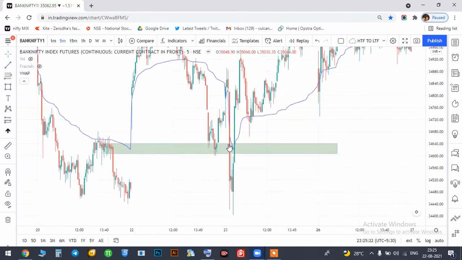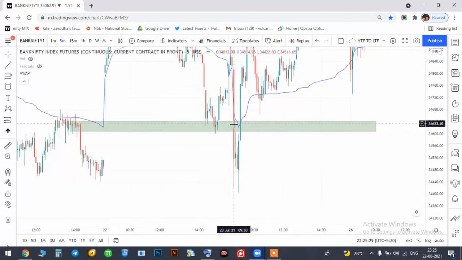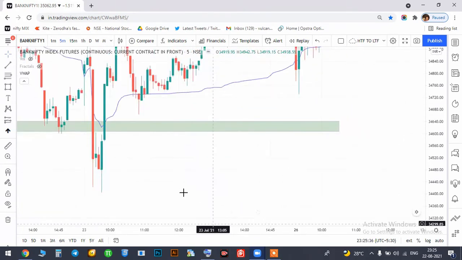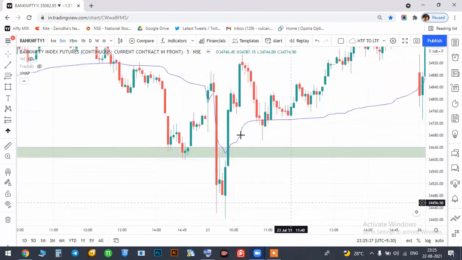What happened here? What will the retail trader do? Below the low, they will sell, and they will get punished with this much bullish candle.